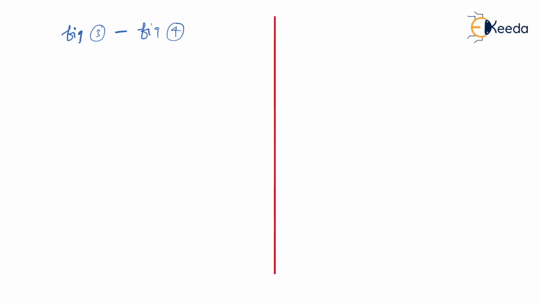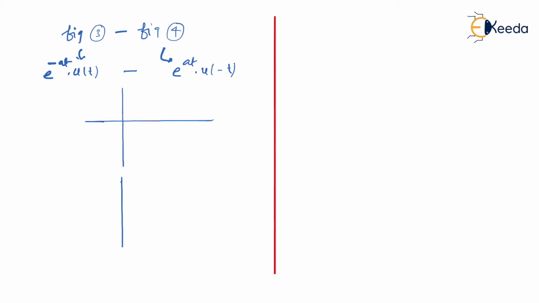What was figure 3? Figure 3 had the expression e to the power minus a t u of t, and figure 4 had the expression e to the power a t u of minus t, which I'm trying to subtract now. First I got this characteristic which was figure 3, e to the power minus a t u of t.